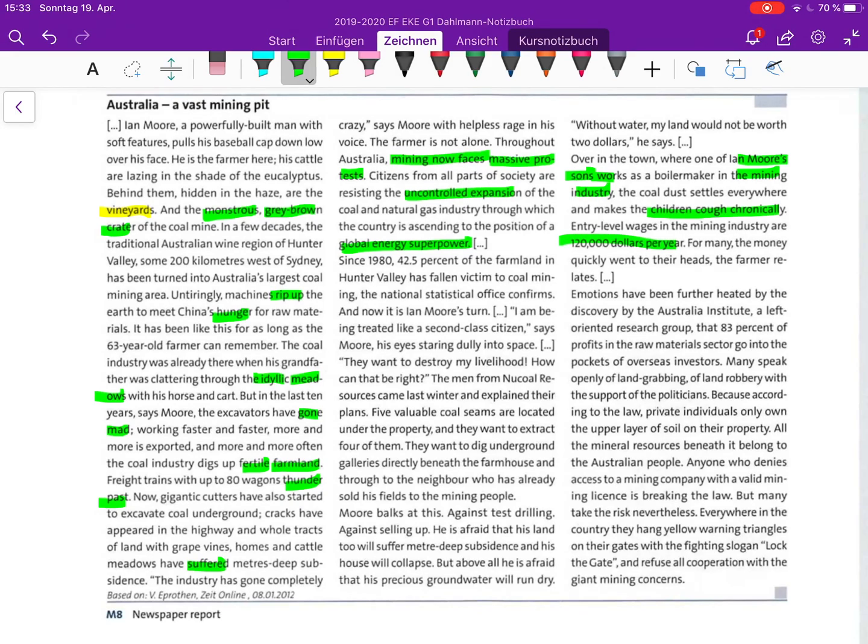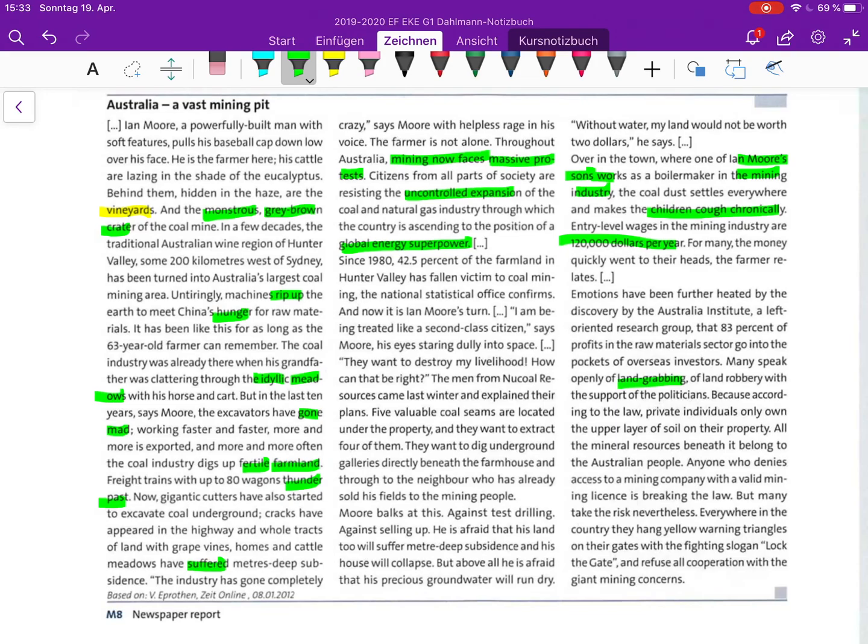That's a lot. For many, the money quickly went to their heads, the farmer relates. Emotions have been further heated by the discovery by the Australian Institute, a left-oriented research group, that 83% of profits in the raw material sectors go into the pockets of overseas investors. Many speak openly of land grabbing.